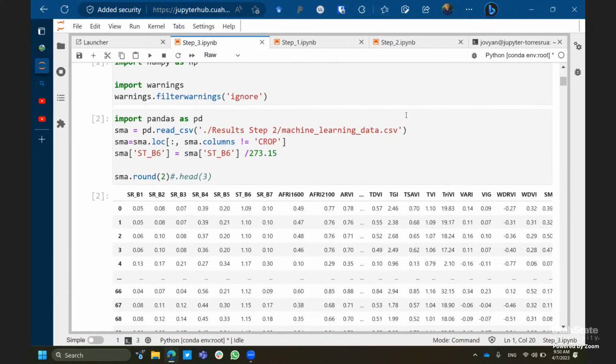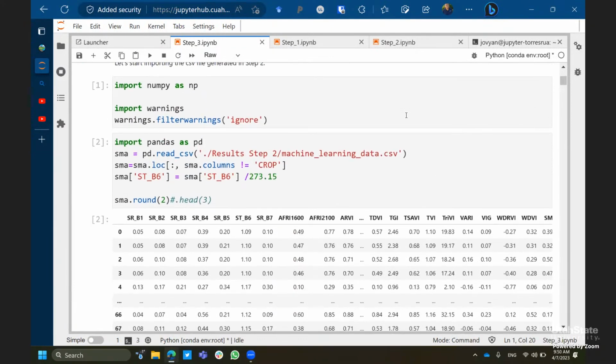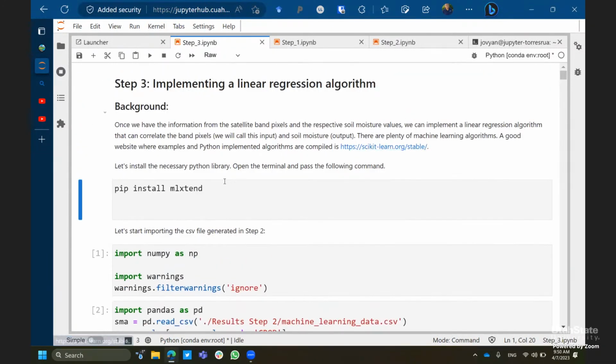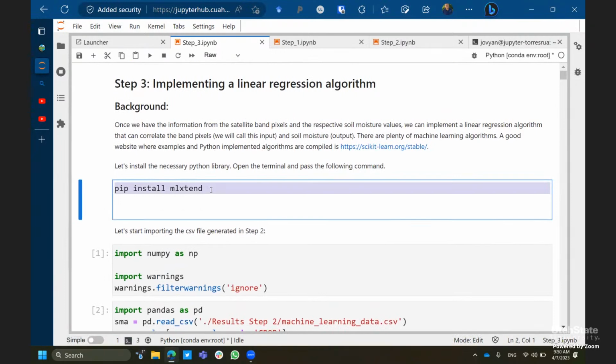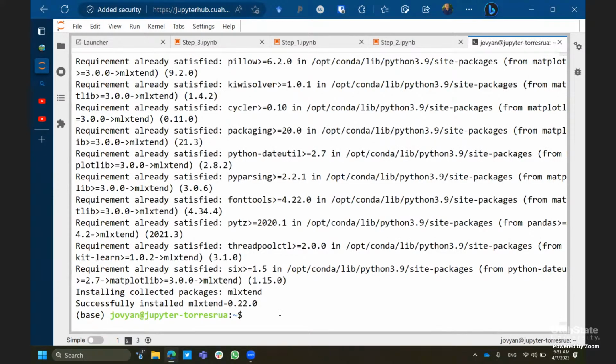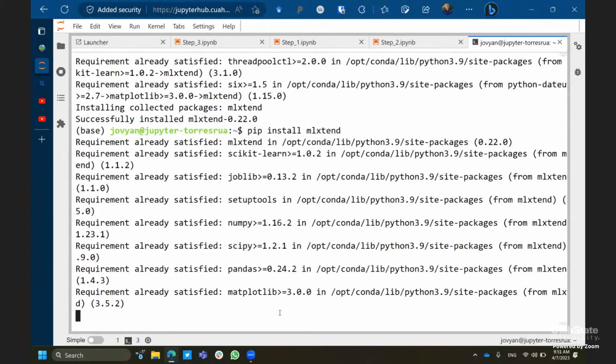So let's see what I did in the model. If you want to run this code, run in the terminal command pip install mlxtend, copy, paste.